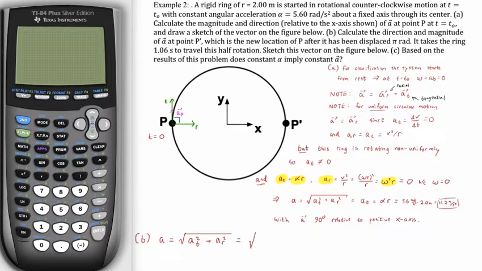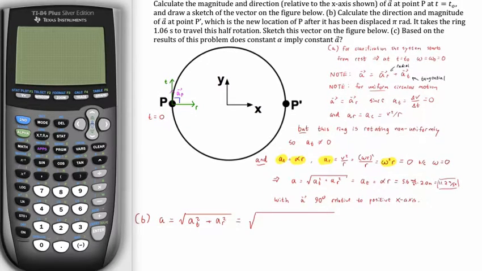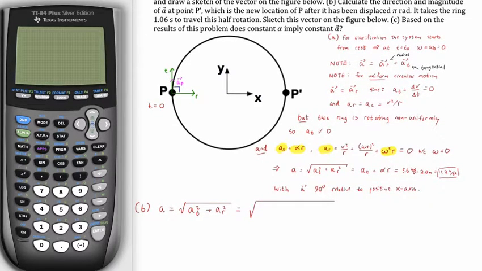So go ahead and make that calculation. A_T is still going to be alpha r squared, so that hasn't changed. Now A_R, well, we know that's omega squared r. So we're going to have omega squared r squared.